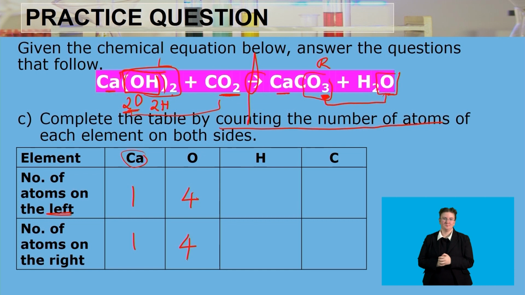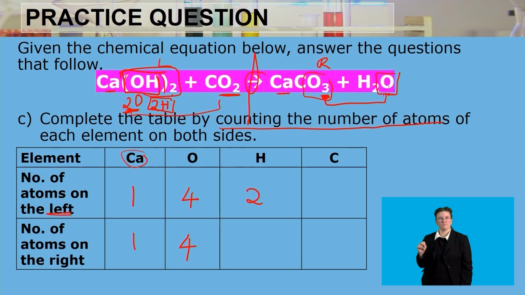So we have 4. Now going to the hydrogen, we said because of that 2, we have 2 oxygen atoms and 2 hydrogen atoms on the left-hand side. We don't have any other hydrogen atoms on the left-hand side, so there's just the 2. Now, what about the right-hand side? On this compound, we don't have hydrogen.